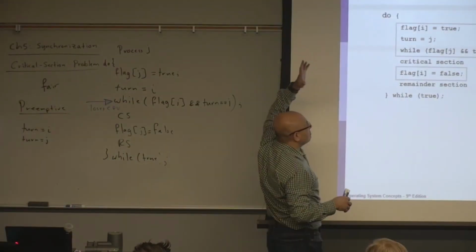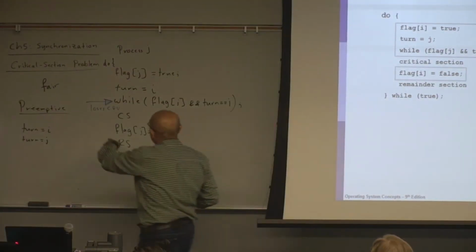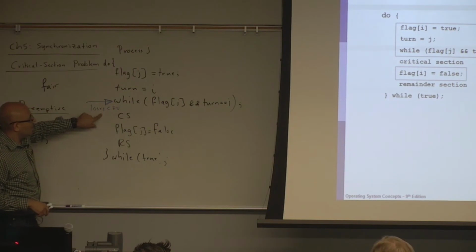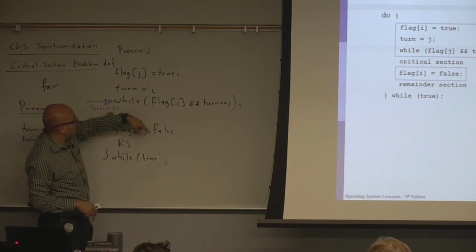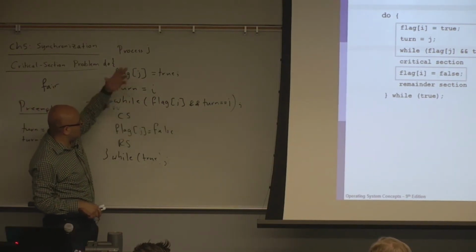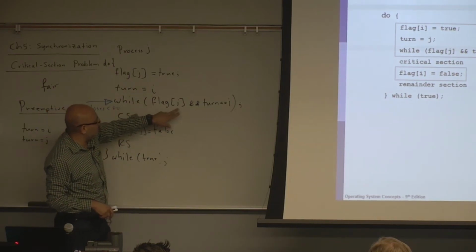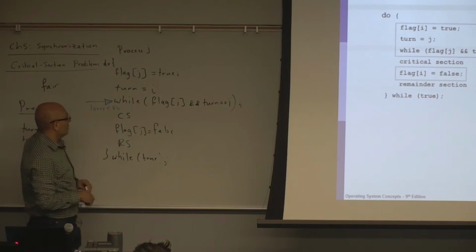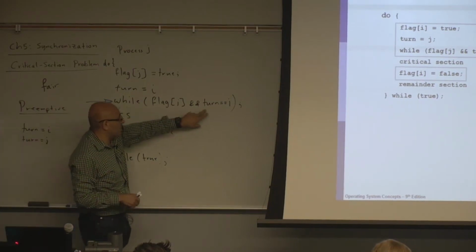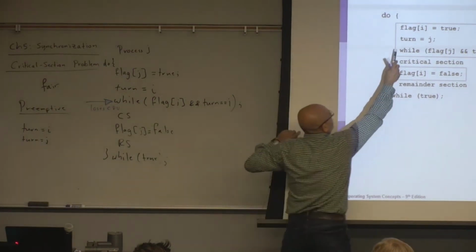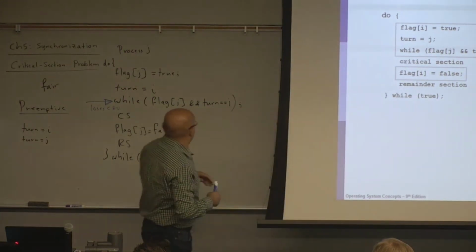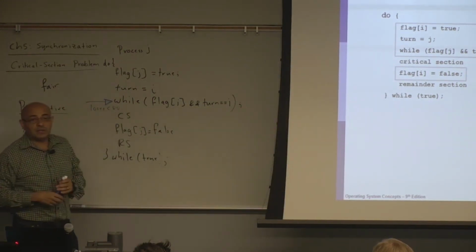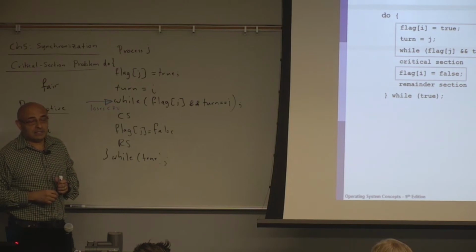And eventually, process J will get the CPU and it will check flag of I. Well, is I interested? Yes, I is interested, but turn is going to be equal to J, because process I set turn to J. And then process J will enter the critical section.